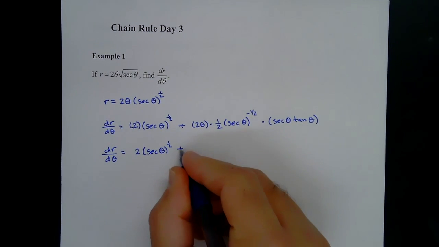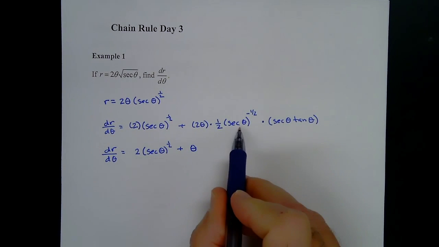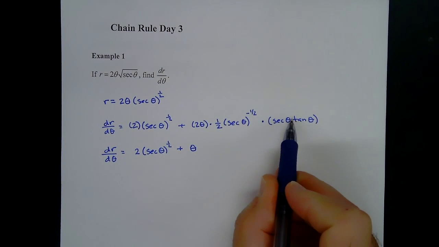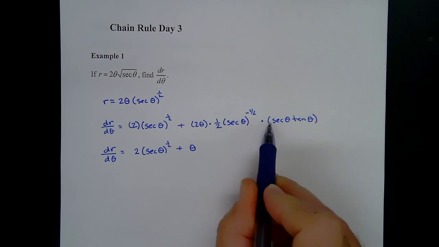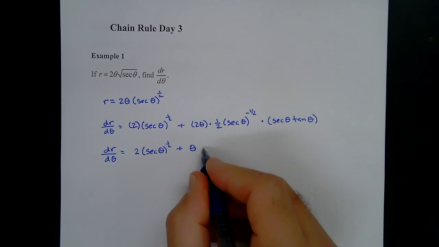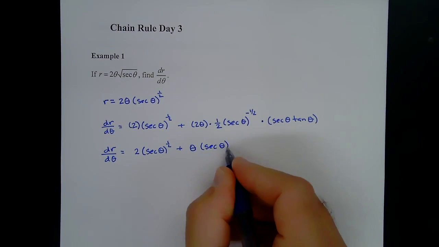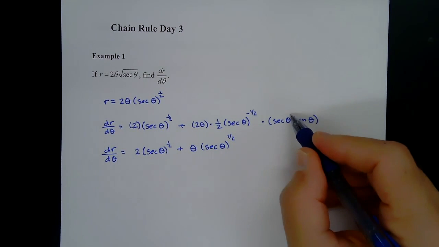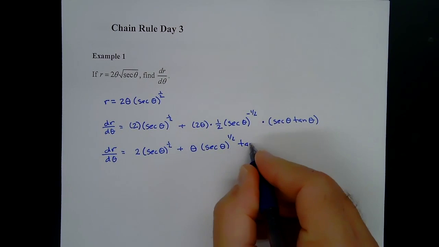So plus theta. Now, we have secant to the negative 1/2, but this is secant theta to the first power. Okay, so we're going to be able to combine those, and we would add the exponents. So this is going to make secant theta to the positive 1/2 power, because there's a positive 1 power right here for the secant theta, and then times the tan theta.